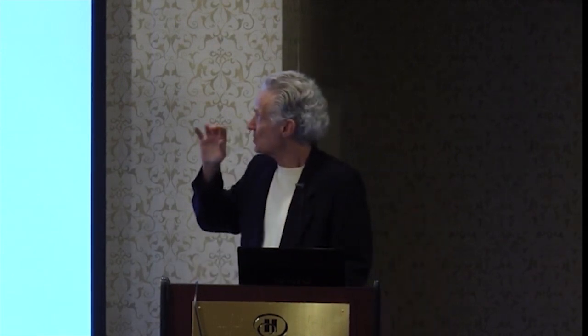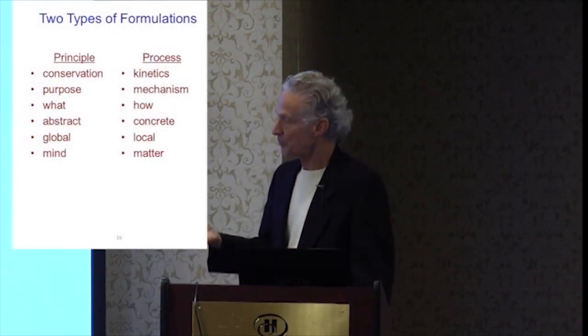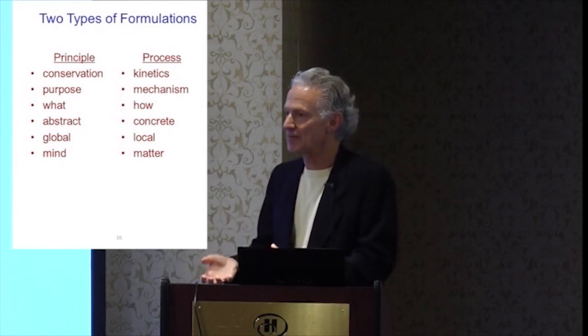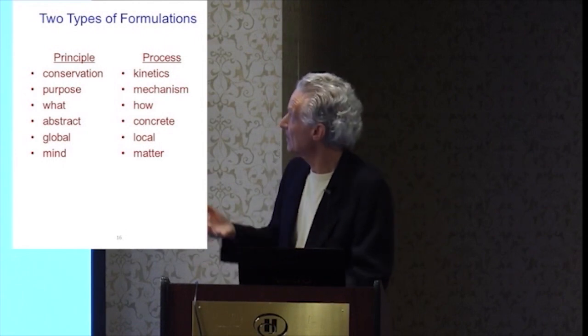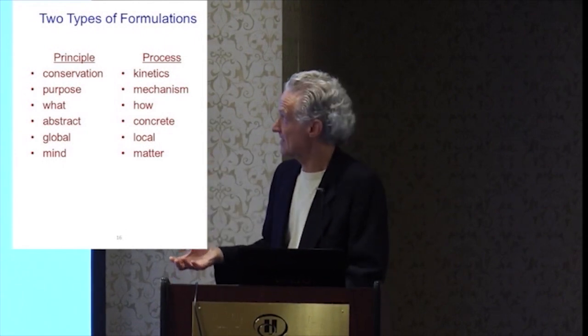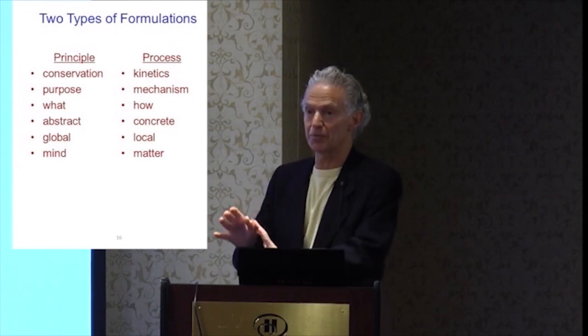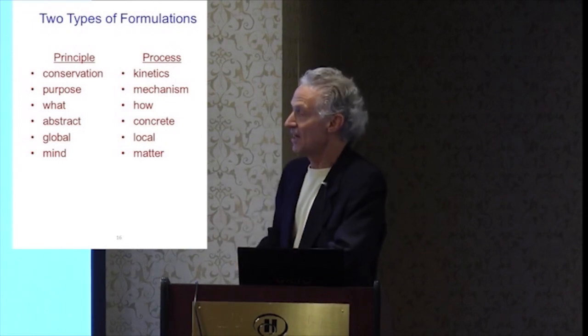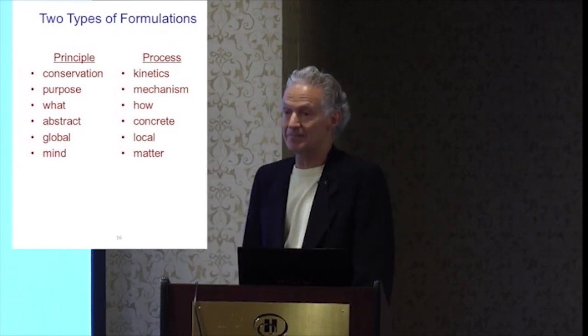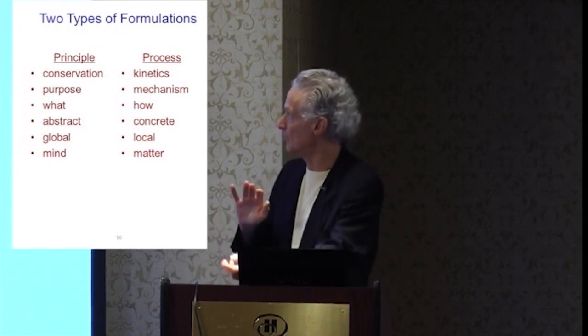So let's step back a little bit and take a look. So I just divided things into process and principle, but it's really a lot deeper than that. Principle can be a conservation concept. Process might be kinetics. Principle can be a purpose, the purpose of least action. The process might be the mechanism. You push this, it moves.